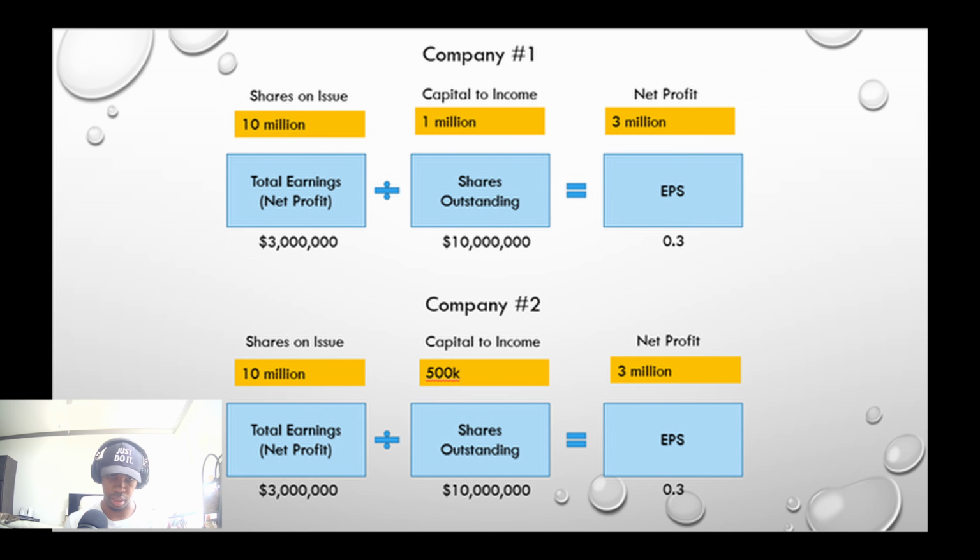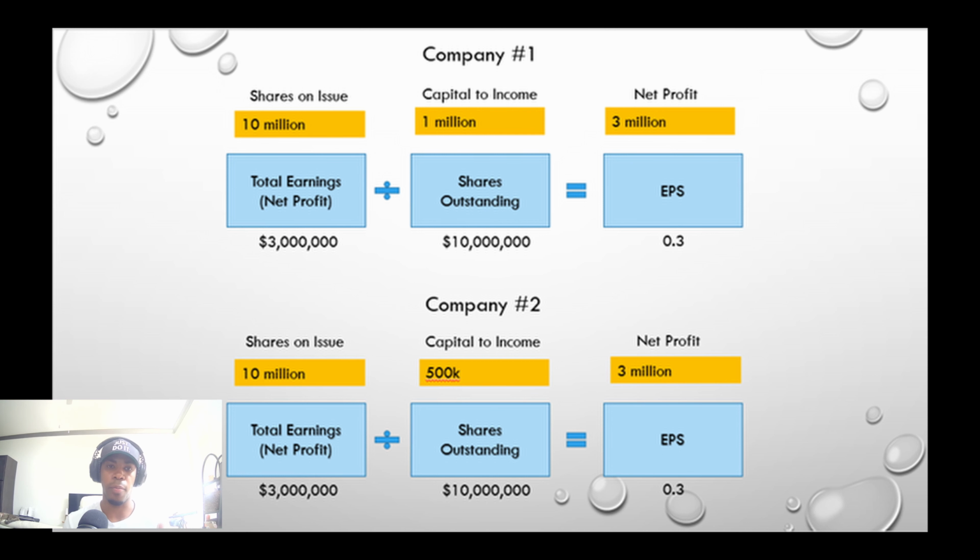I say all that to say this. The calculation does not take efficiency into account. So if two similar companies have the same earnings per share, but one uses more capital to generate income, the second company would be more efficient and is probably the better prospect.